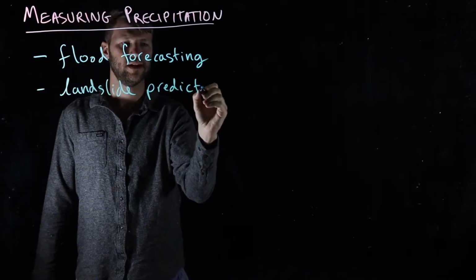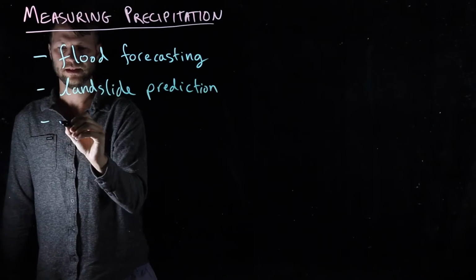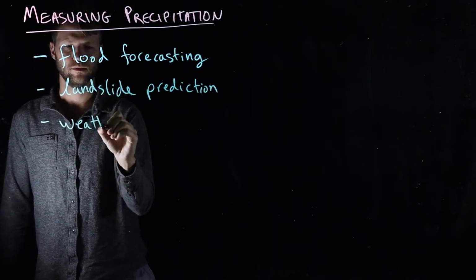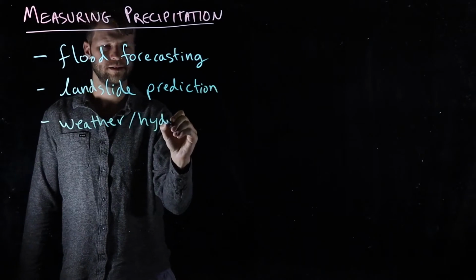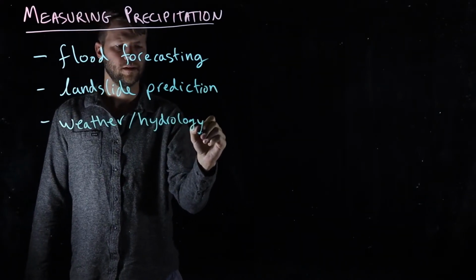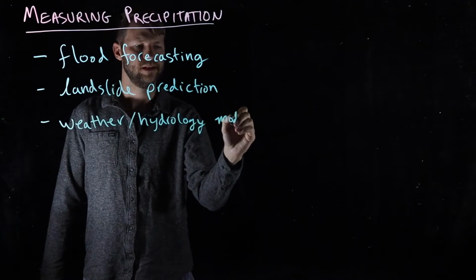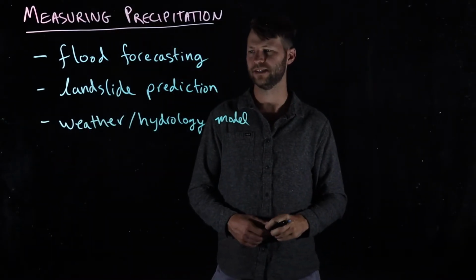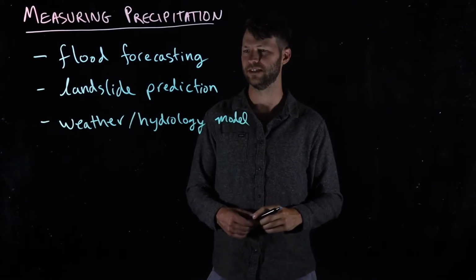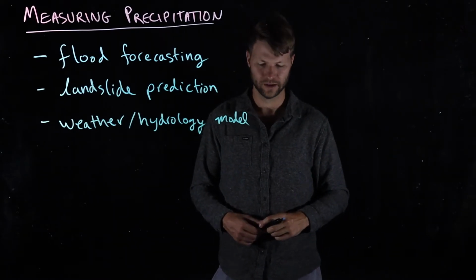And then fundamentally, it's important in all weather and meteorological and hydrological modeling. These models are typically driven by precipitation patterns, and they require direct observations to get accurate results.